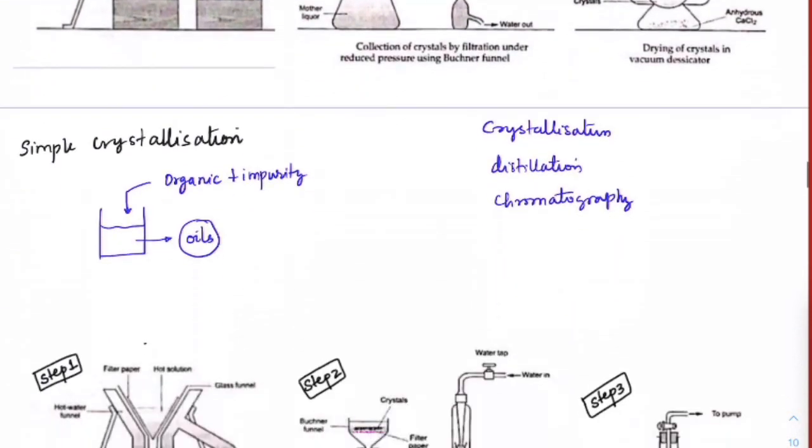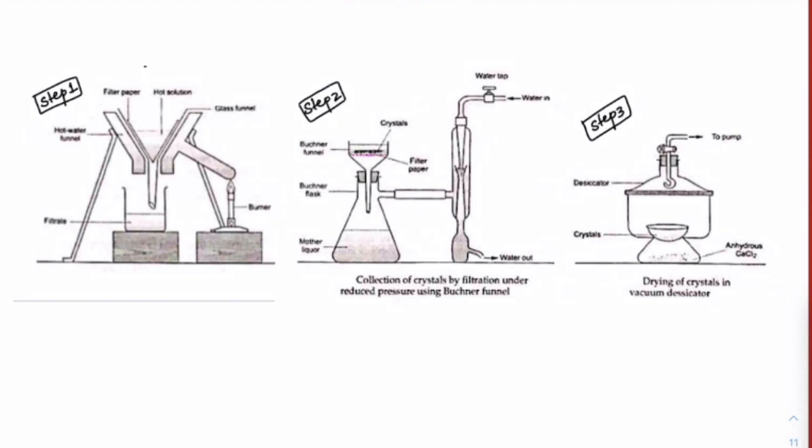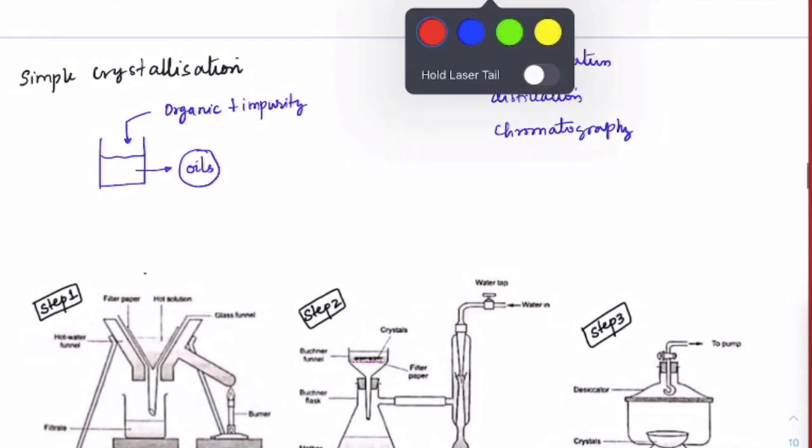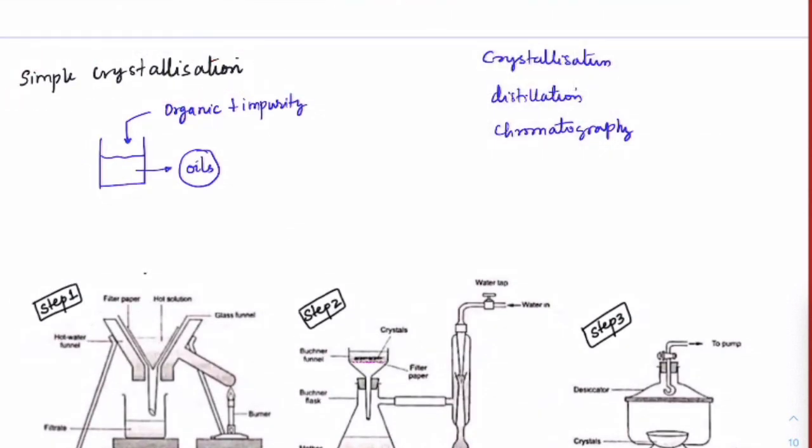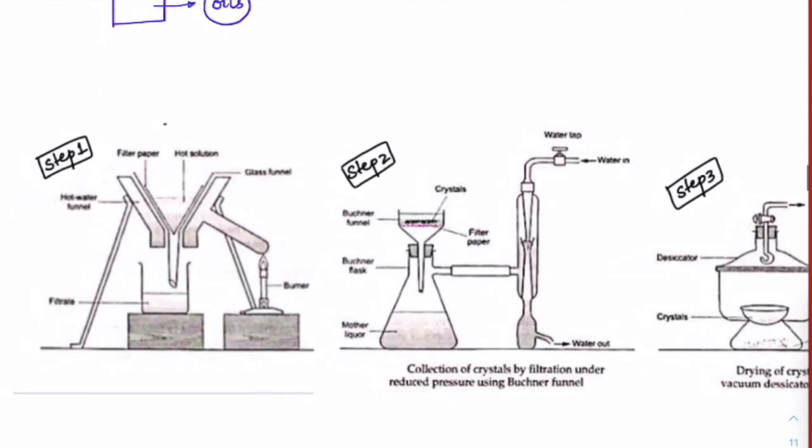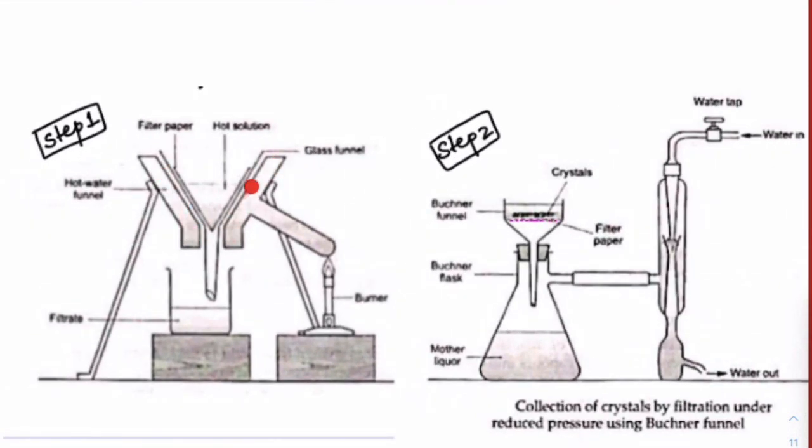Now crystallization can be done in two ways. One is simple crystallization, which is what I have written here. In simple crystallization, there is nothing complex. So we have a heated funnel. Observe it carefully. This is a heated funnel in which I will add the solvent and the substance.